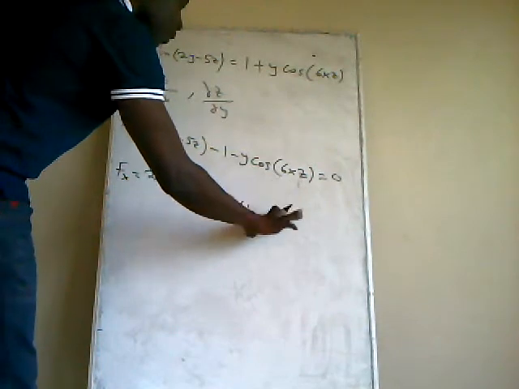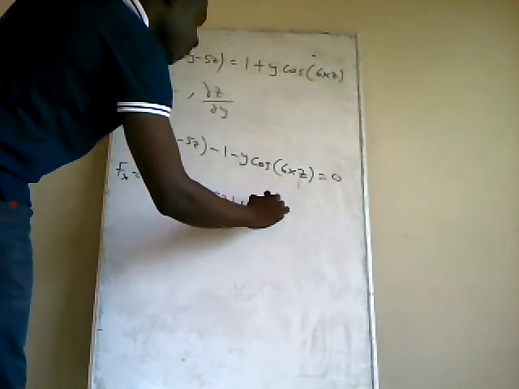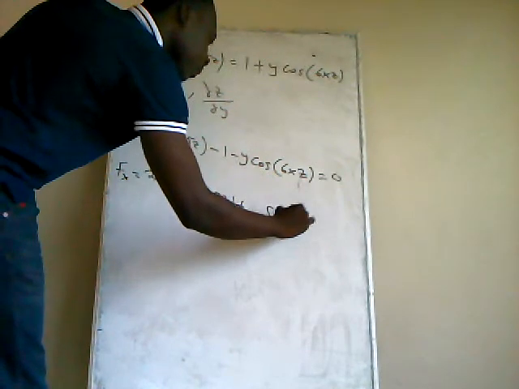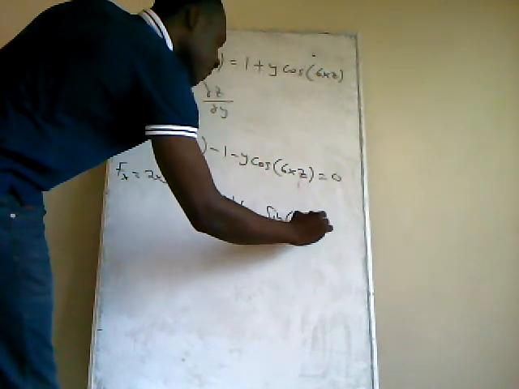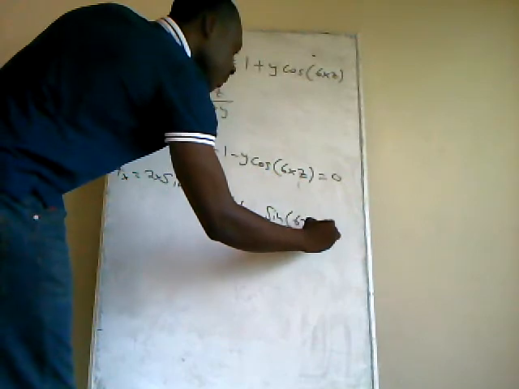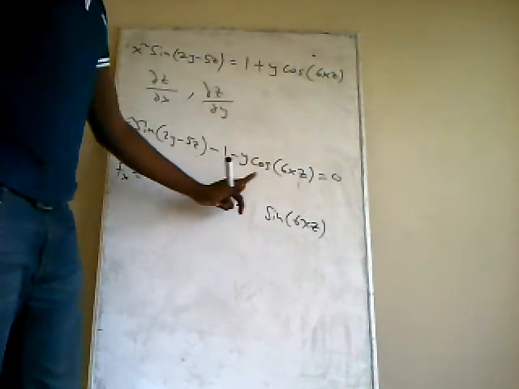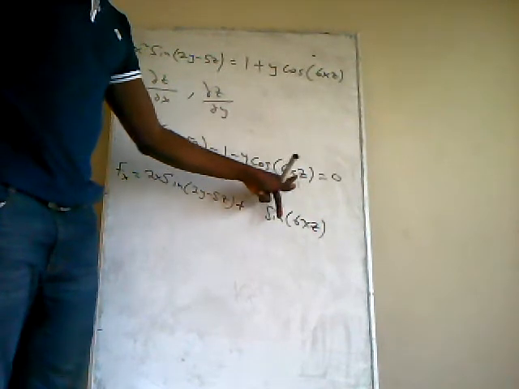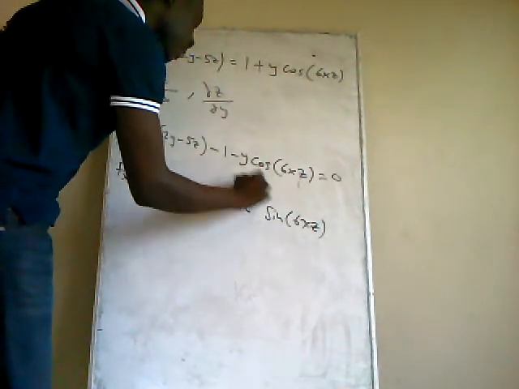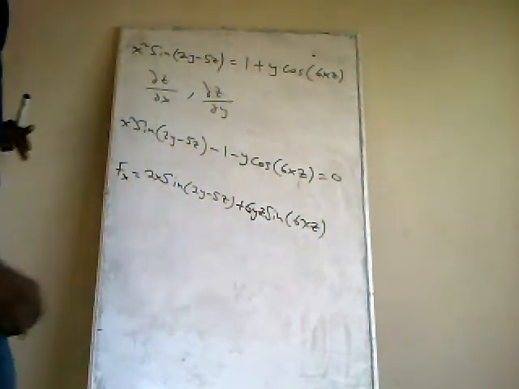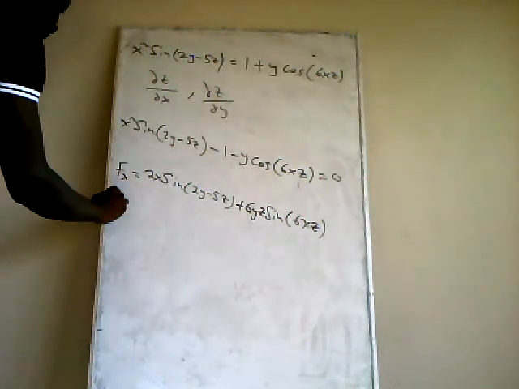When we differentiate cos, I get minus sine, which makes it plus. So sine 6xz. When we differentiate with respect to x, I get 6z. So I'm going to get 6, the y in front, and z.